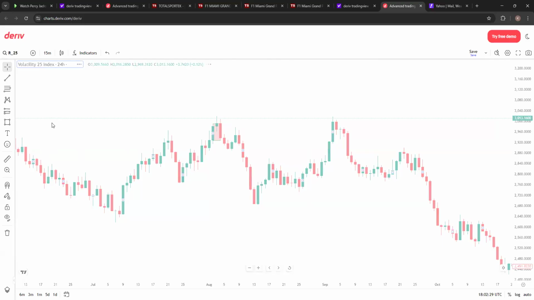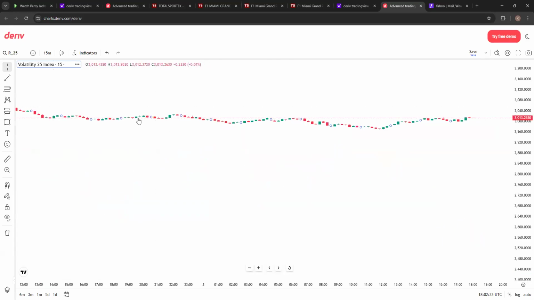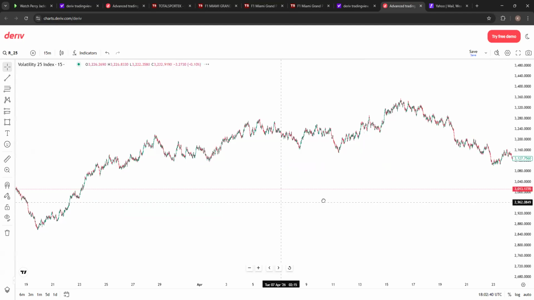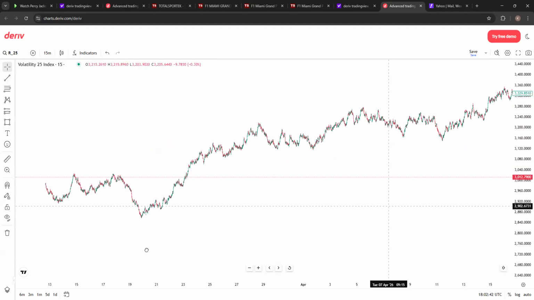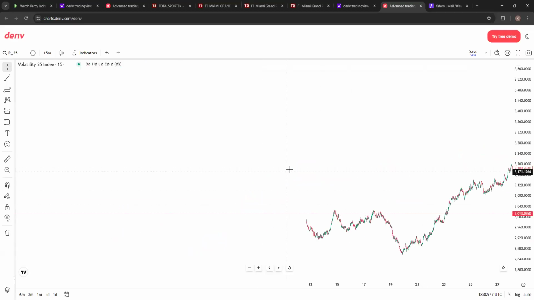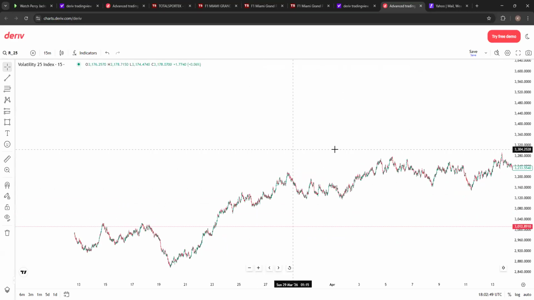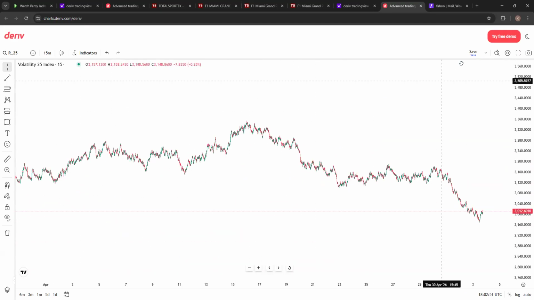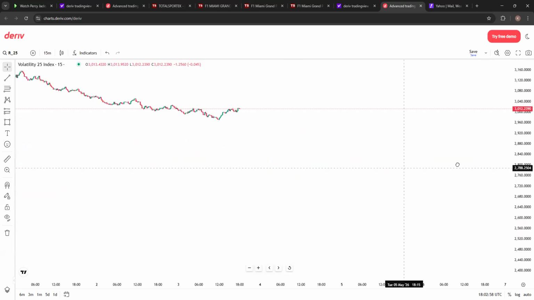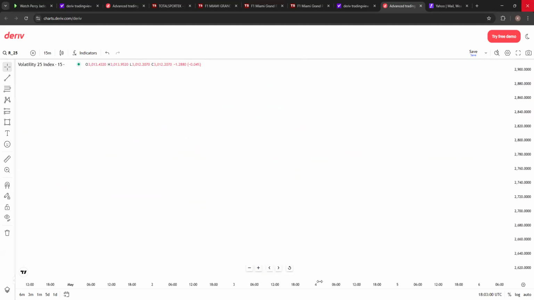Let's go to M15, and let's go to that area where we marked. Oh, my charts are not loading as far as there. Or what you can do is let's try to zoom in again, since we can see this in any time frame.